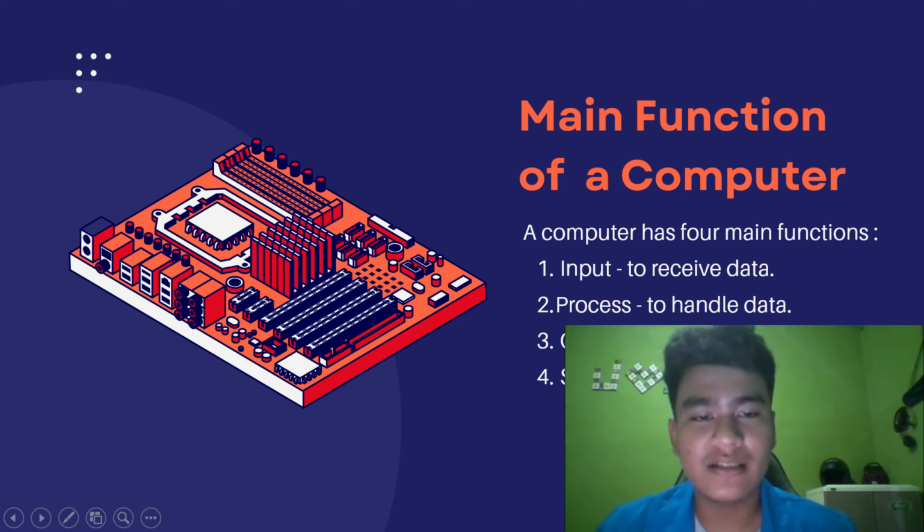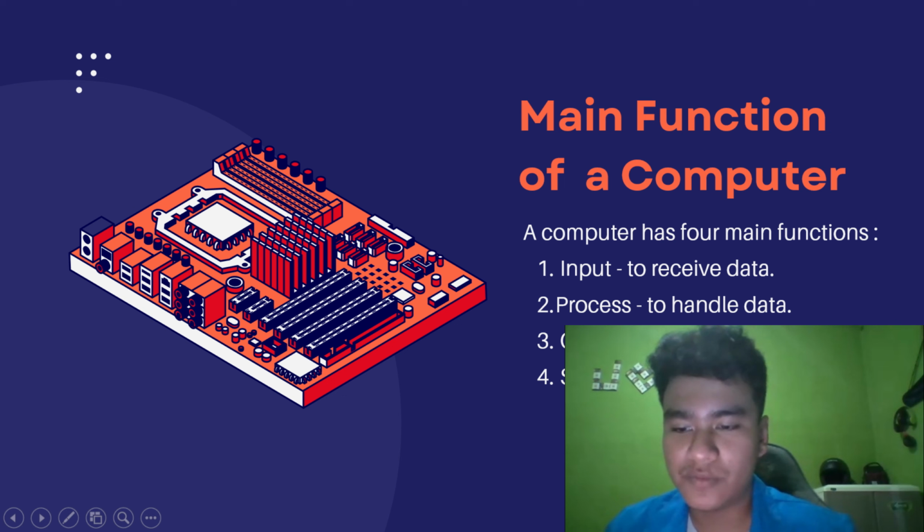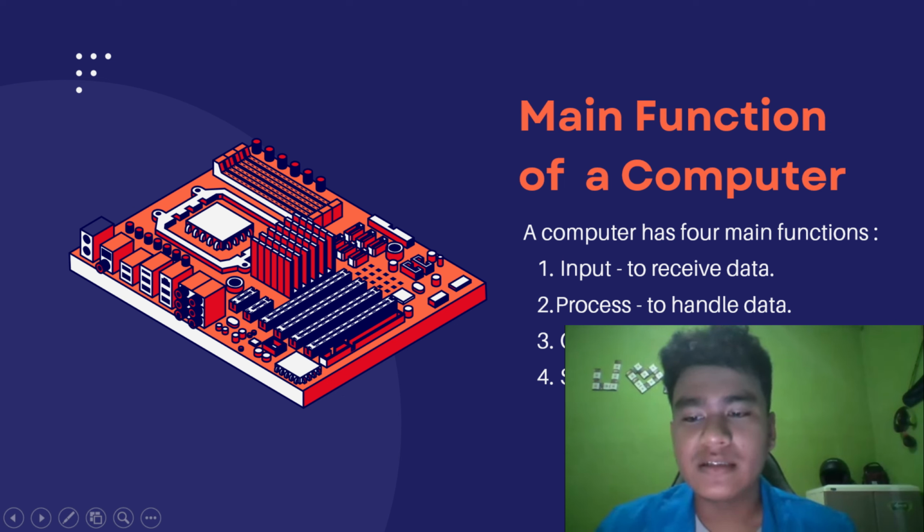And the third is the output. This is how the result is shown, such as on a monitor or printer. And the last one is storage, where information is saved on a hard drive or SSD. These 4 functions happen every time we use a computer.